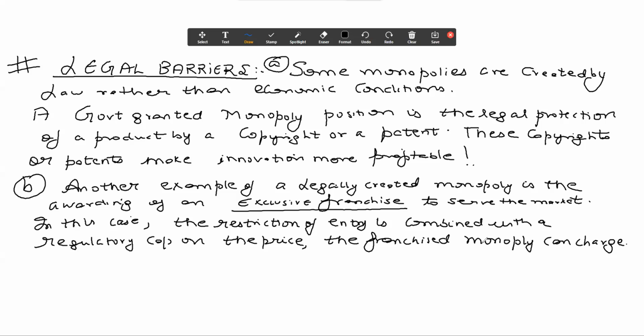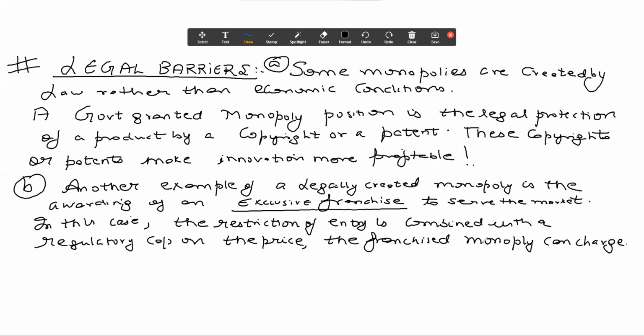So franchise monopolies are those monopolies which are given the monopoly position by the government. The government grants them monopoly position. The government will make sure that no other firm comes and competes with them. But then the government will also tell them what's the maximum price they can charge.